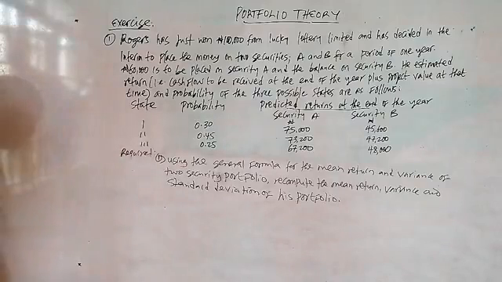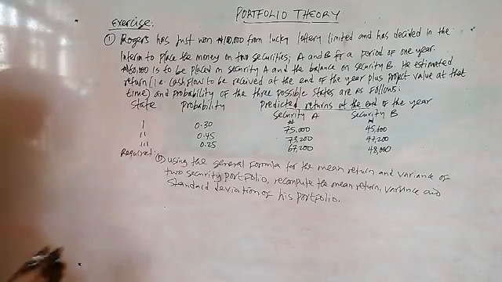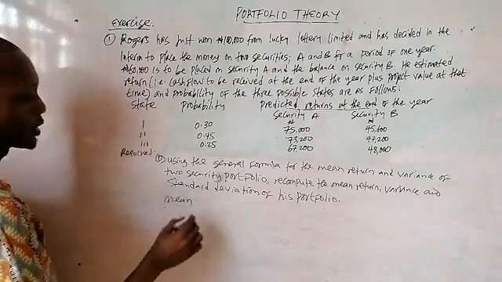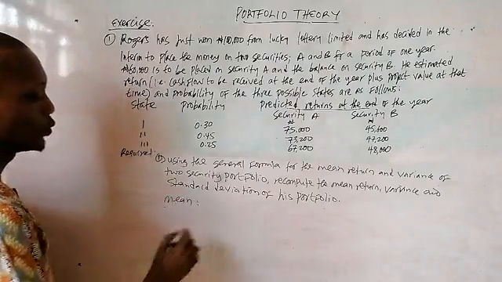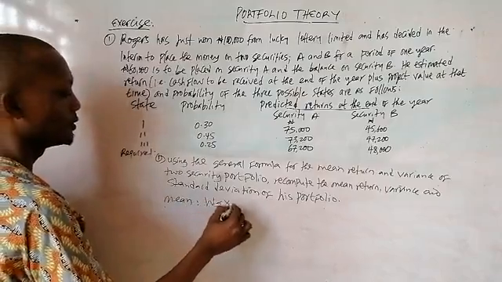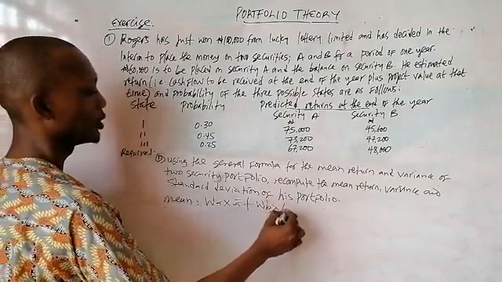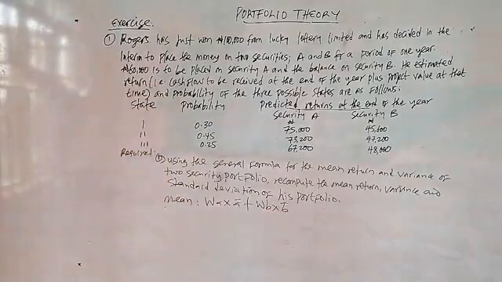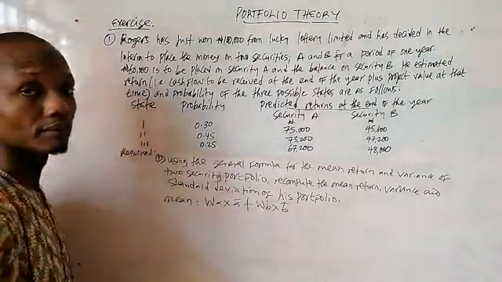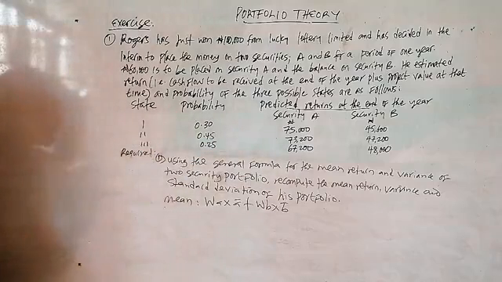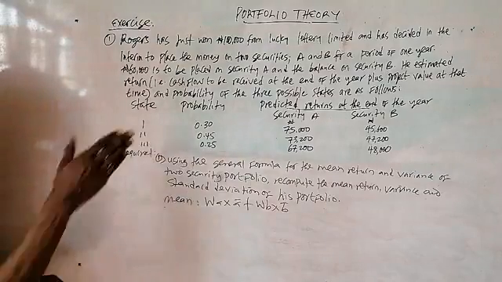The formula method for calculating the mean is: weight of A times return on A plus weight of B multiplied by return on B. Now, using this formula, we should arrive at the same answer we got previously with the tabular approach.